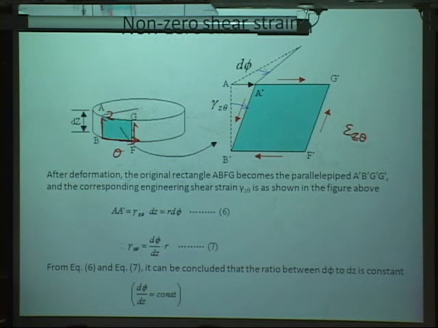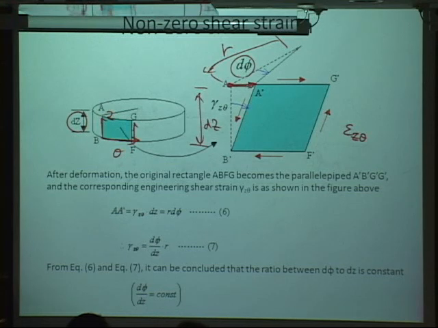And another very important observation here is that, imagine this is the dz and this is the d phi, okay, and the distance from here to here is r. So this is the dz.